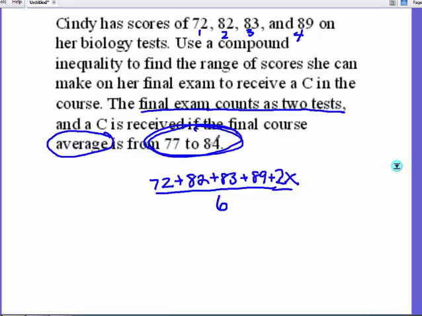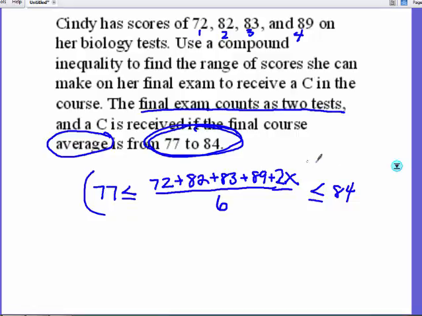If your score needs to fall within that range, let's set up a between inequality. 77 is the smallest number that my average can be, and 84 is the largest number that my average could be.